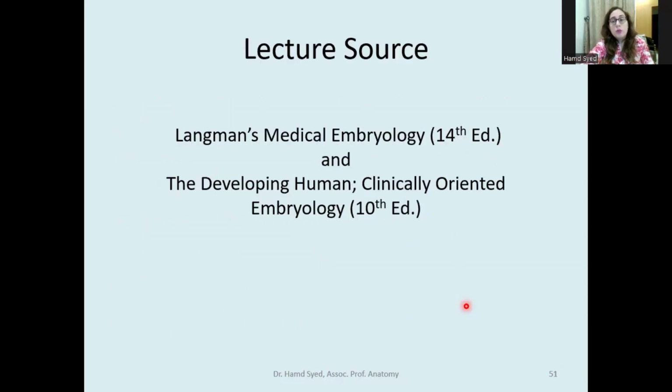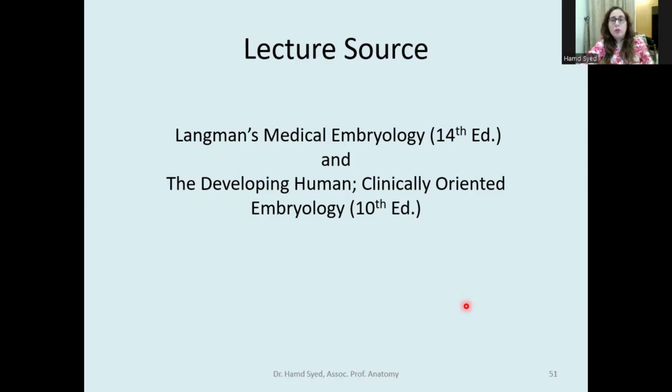So this concludes today's discussion of development of the muscle system. This was a very concise summary in which I have talked about all the essentials of muscle development, and this is what you would be expected to know as a medical student at the undergrad level. We have talked about the two basic methods of classifying muscles based on their development.